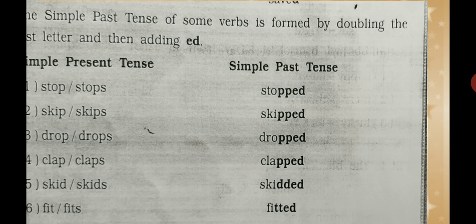The simple past tense of some verbs is formed by doubling the last letter and then adding ed. Means we put pressure on the last letter of the verb. And which are they? Let's see. Stop, stopped. Skip, skipped.